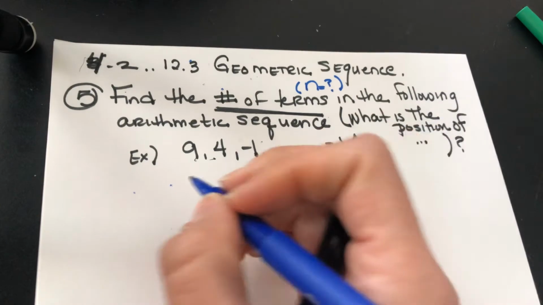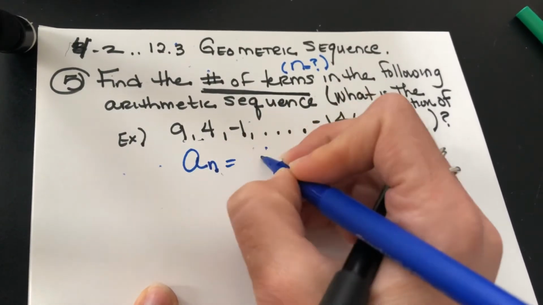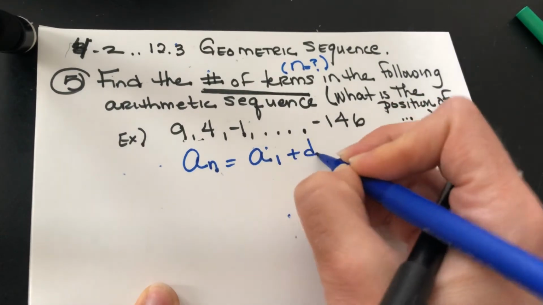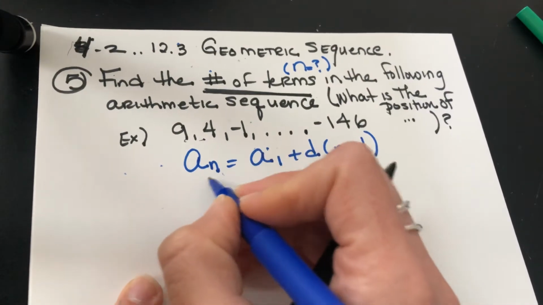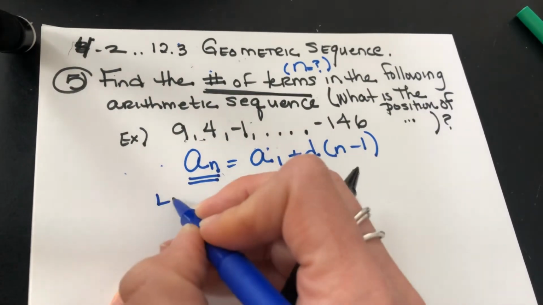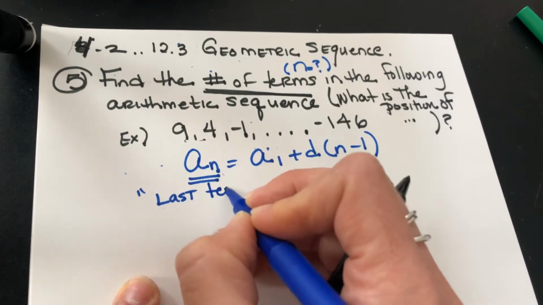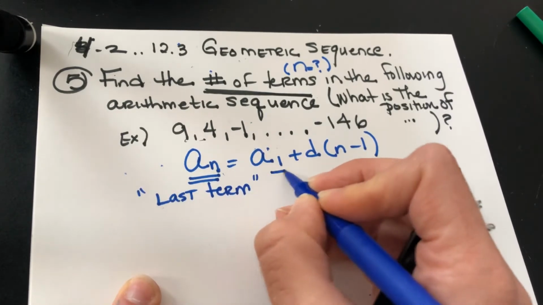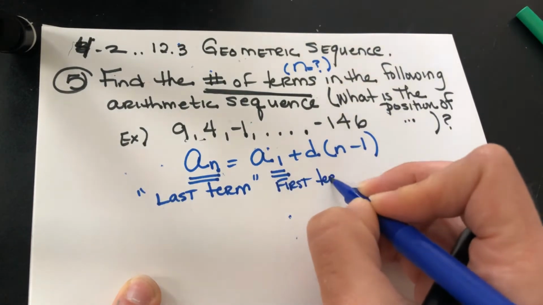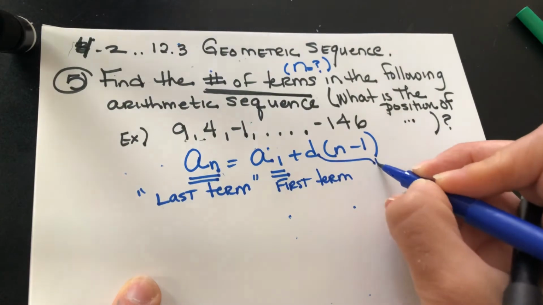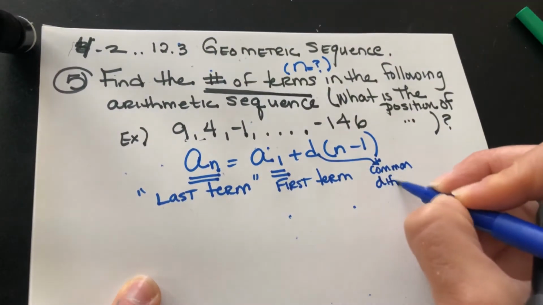Anytime you are dealing with an arithmetic sequence, I need you to write your formula, and you want to have it memorized, so that all you're doing is inputting the values that you know. We all should know that a sub n, to review, is the last term. A1 is my first term. D is the common difference.